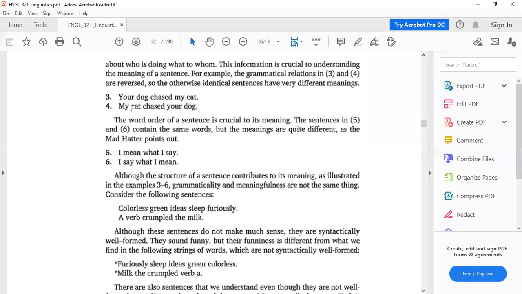And these syntactic rules specify the grammatical relations, because the syntactic rules say the noun phrase before the verb in English is the subject, and the noun phrase after the verb is the object. This is a syntactic rule: the NP preceding the verb is the subject, and the NP following the verb is the object.